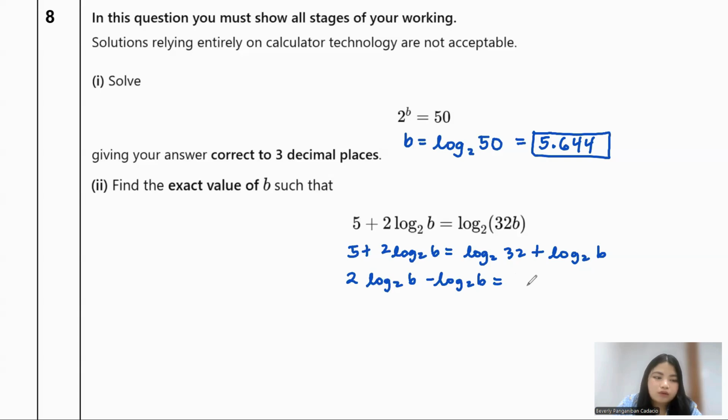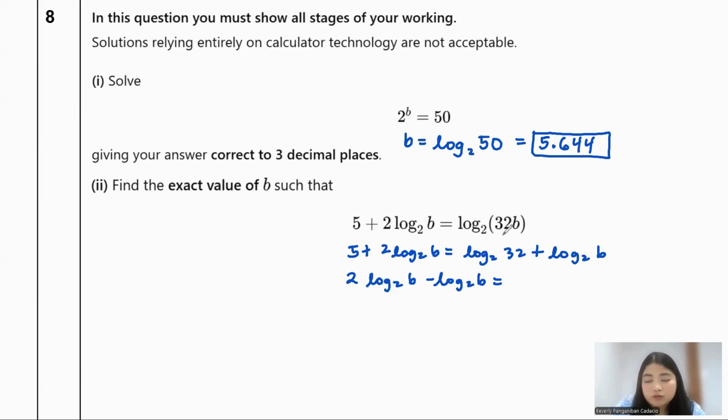What is log 2 of 32 first? We can just make it 5, okay? Or wait a minute. Okay, so going back, so I will have log 2 of 32.